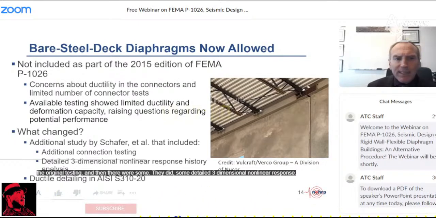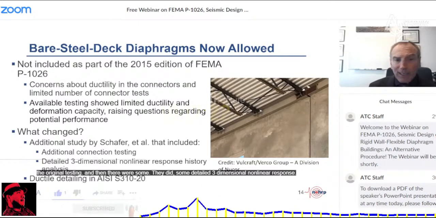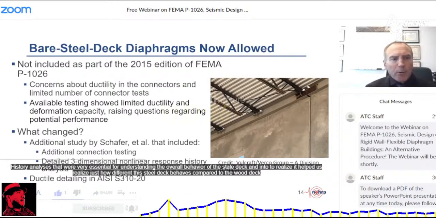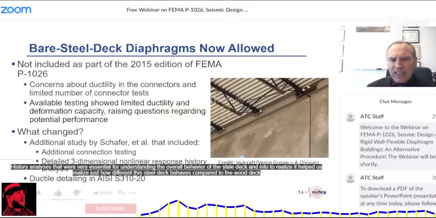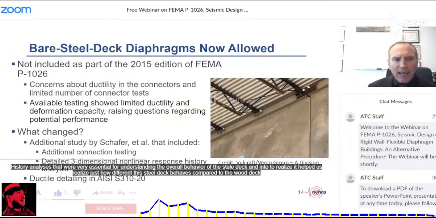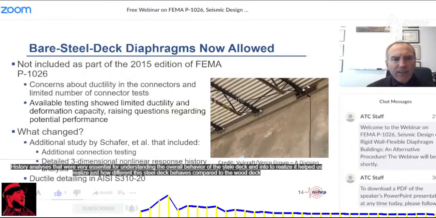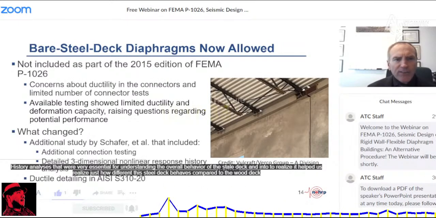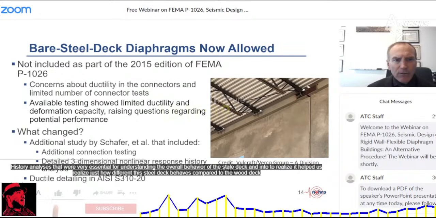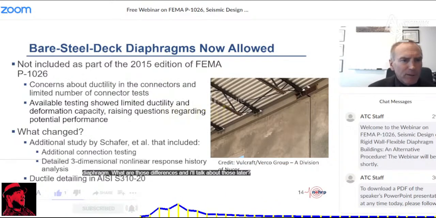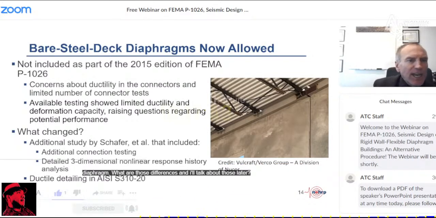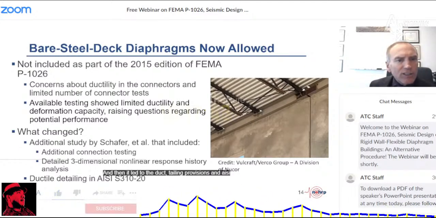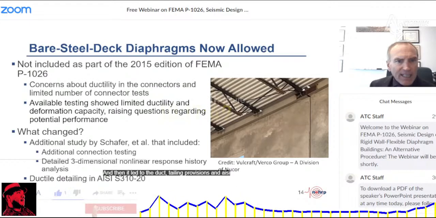And then they did some detailed three-dimensional nonlinear response history analyses that were very essential for understanding the overall behavior of the steel deck, and it helped us realize just how different this steel deck behaves compared to the wood deck diaphragm. What are those differences? And I'll talk about those later. And then it led to the ductile detailing provisions in AISI.